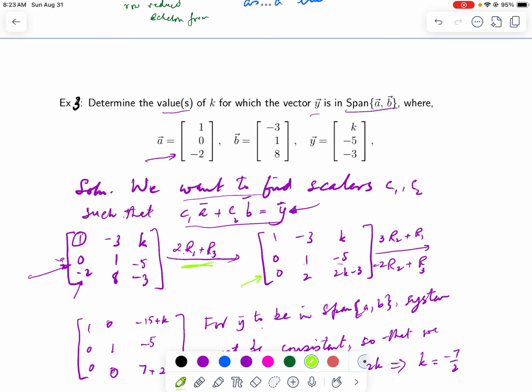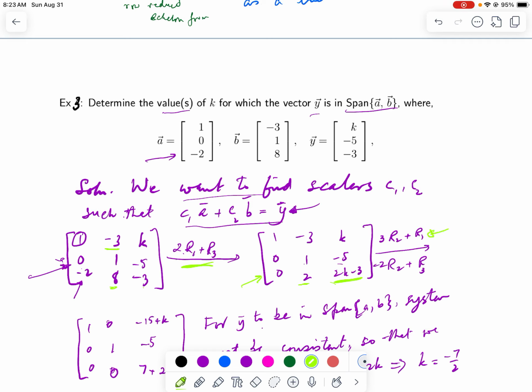So when I multiply the first row by 2, I get negative 6. When I add it to 8, I get 2. And in the same way, multiplying the first row by 2, we get 2K. Add it to the third row, I get 2K minus 3 over here. Now we go and make these two 0. To make these two 0, I have to do these operations.